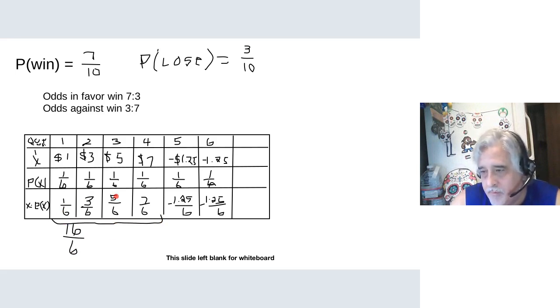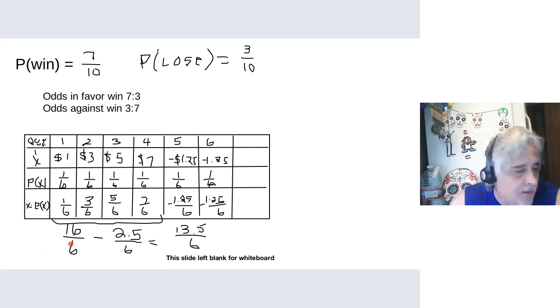The numerator's all up to 16/6. And then these are both negative. So that's 2.5/6. And so 16 minus 2.5 is 13.5/6, and it's positive because this negative is smaller than that one.